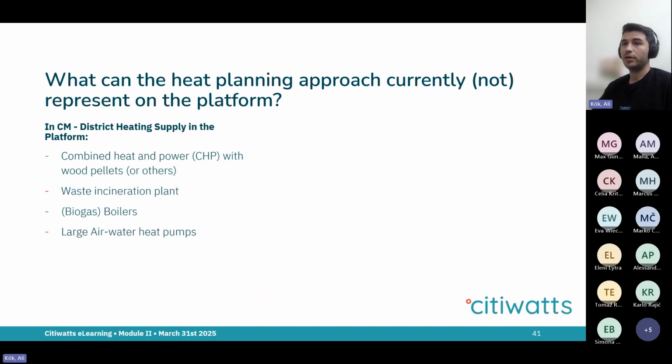We have one large air source heat pump. This is the only large-scale heat pump we have within the model. And this one is sensitive to the temperature levels. So you will see later that we have some parameters for the grid temperatures, and those temperatures affect the COP of this heat pump. Then we have also the solar thermal, and finally we have direct use of waste heat.